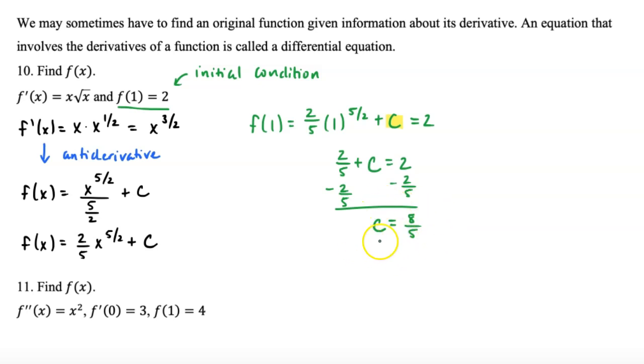So my c is 8/5. And so finally, I can write my original function as f of x equals 2/5 x to the power of 5/2 plus 8/5. This is going to be my final answer.